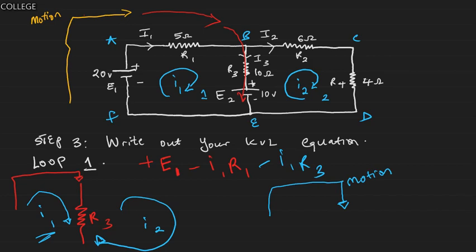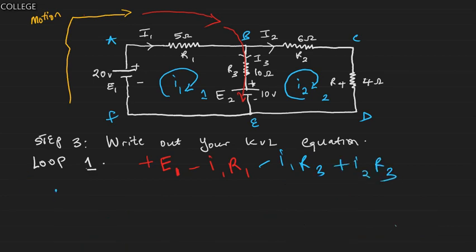The second current flowing through it is mesh current I2. So these two are in opposite directions, and we have a rise in potential, which will give us plus I2 R3.